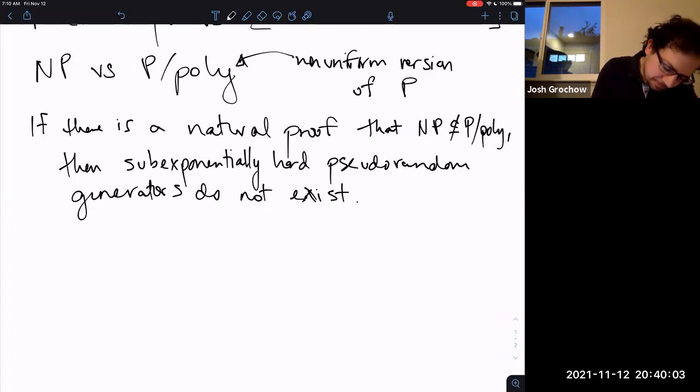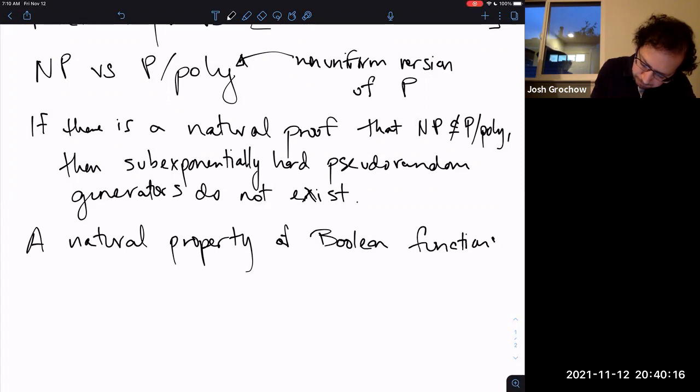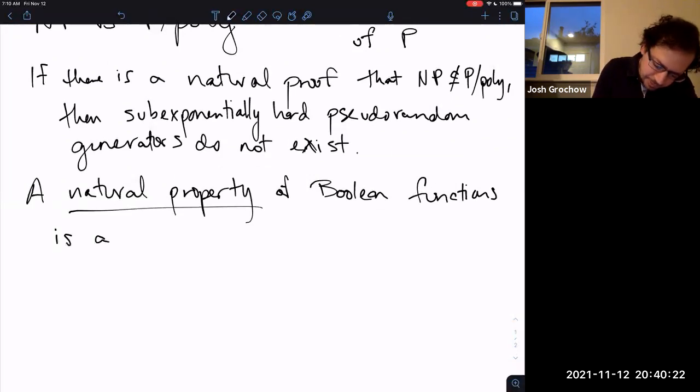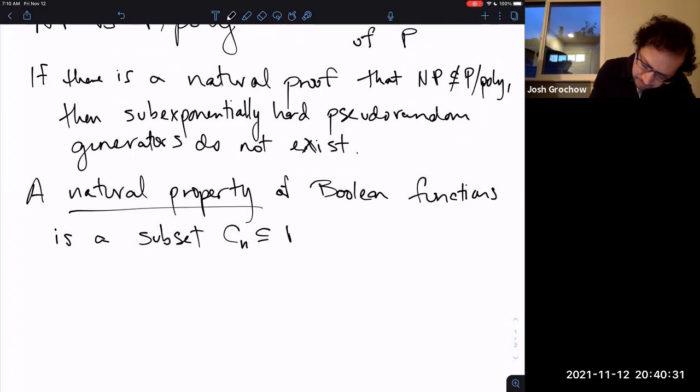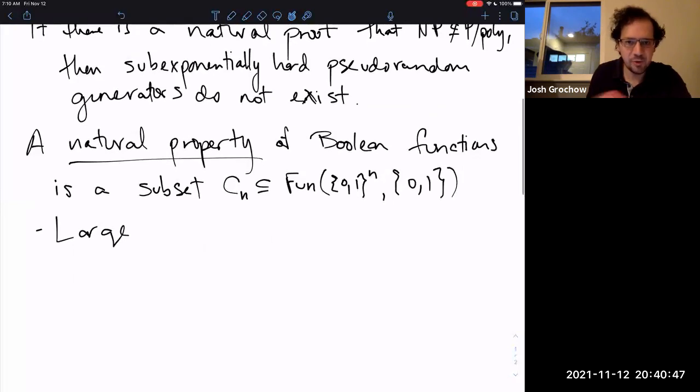So a natural property of Boolean functions, and I will only sort of define this for you, is a subset C_n of Boolean functions on n variables, so let me just say functions from {0,1}^n to {0,1}, that is large, meaning it contains a large fraction of all functions.